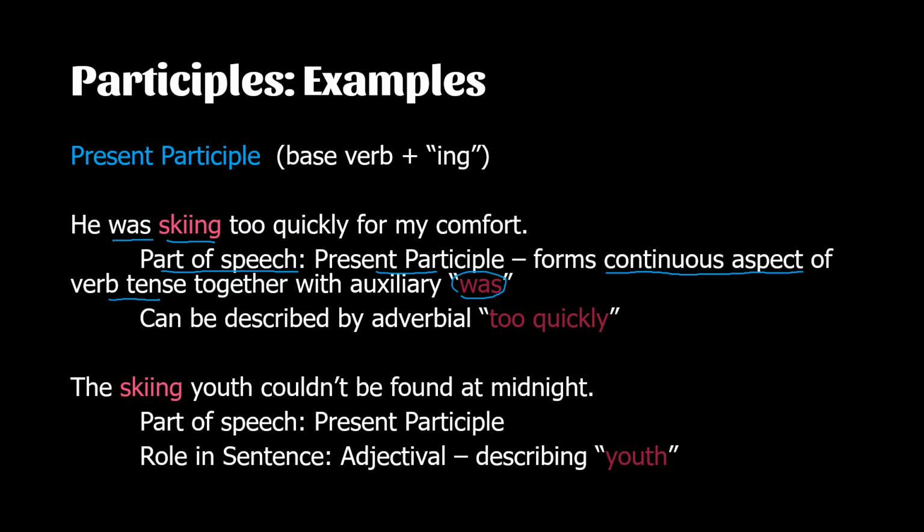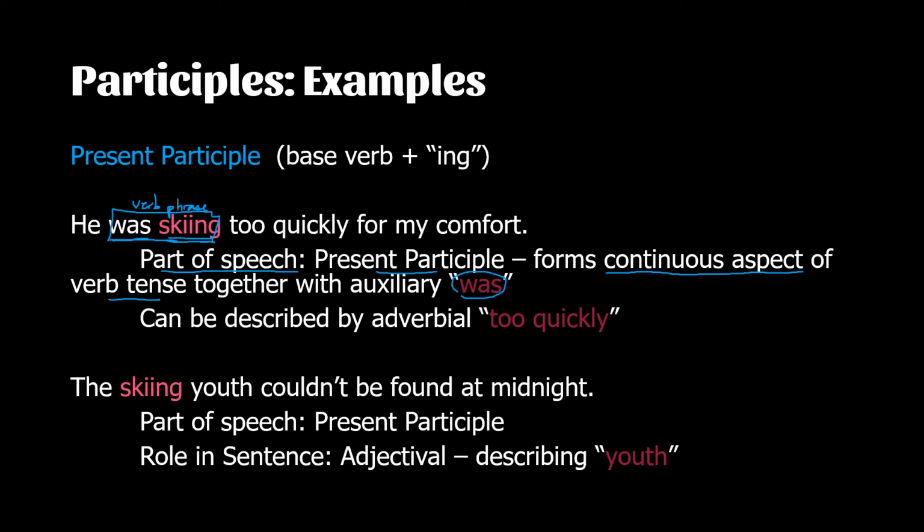So he was skiing. This is my verb phrase. It's the group of words that acts together as the verb of this sentence. The verb was shows that it happened in the past.